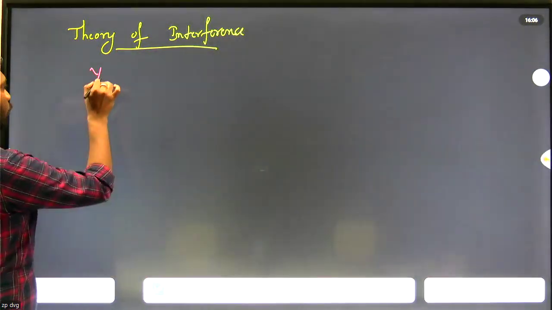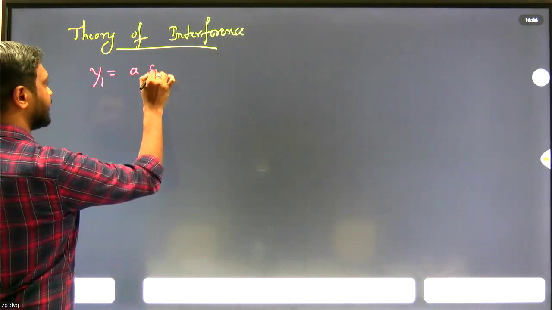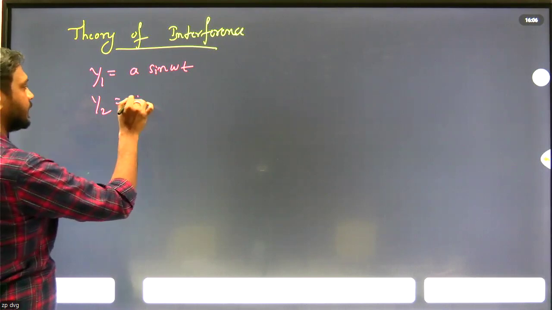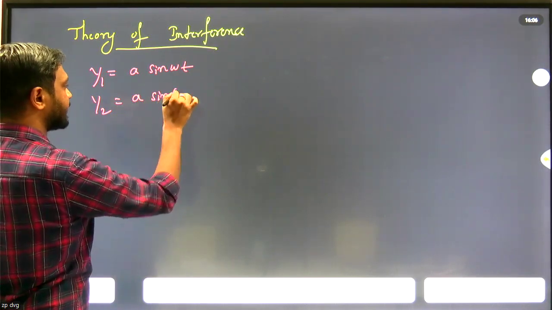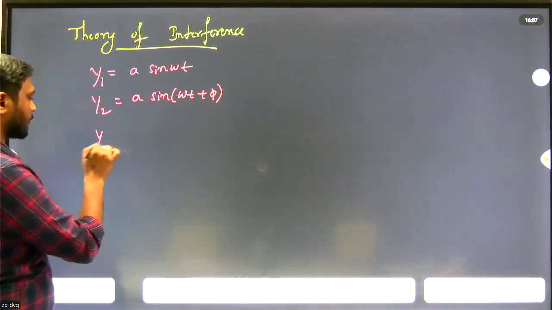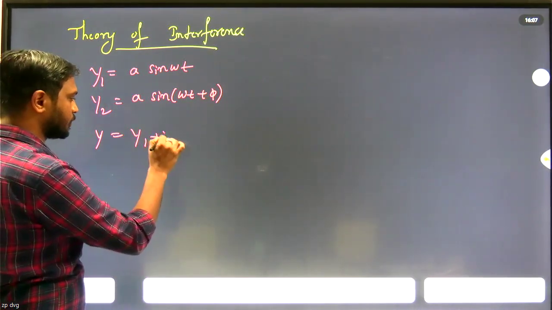It is y1 equals a sin omega t and y2 equals a sin of omega t plus phi. According to superposition, y equals y1 plus y2.